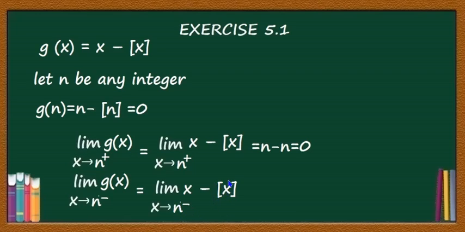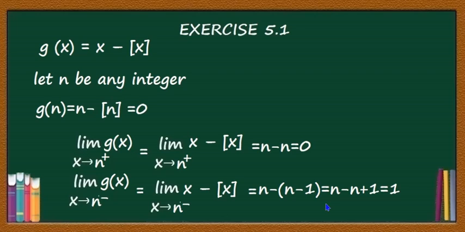What is box 1.99? It's equal to 1. Even as x is approaching n, you will get box x is n minus 1, and that's why this will become n minus the quantity n minus 1. And what is that? Simplifying, you will have n minus n plus 1, which is equal to 1.